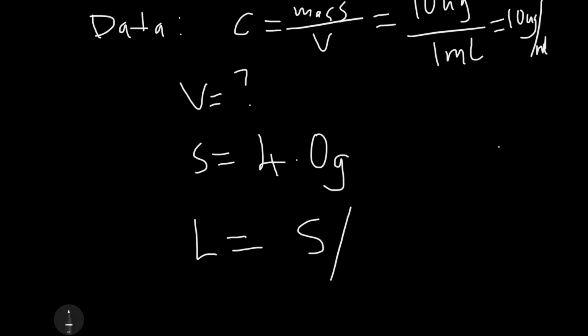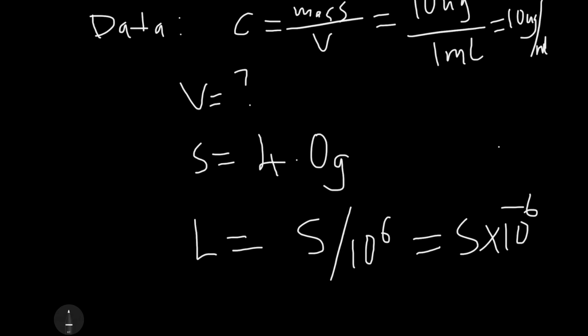Per million simply means 1 million is equal to 10 to the power 6. So 5 per million is the same as 5 times 10 to the power negative 6. It is the same thing as 5 parts per million. So these are our values.